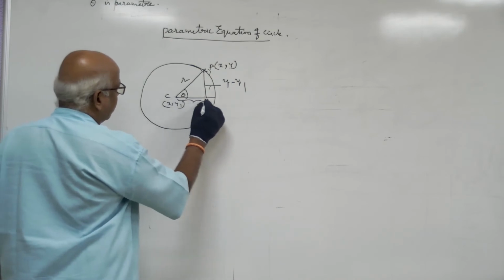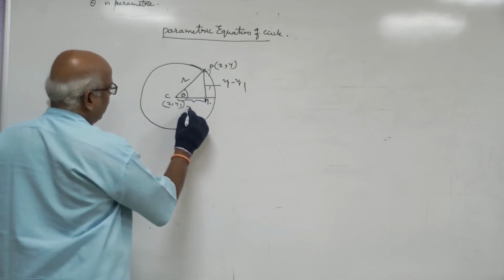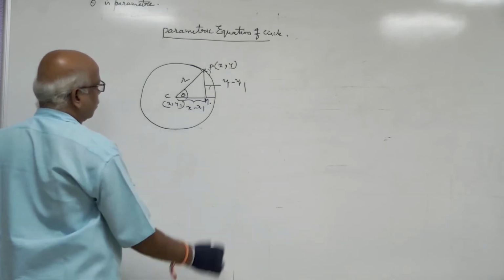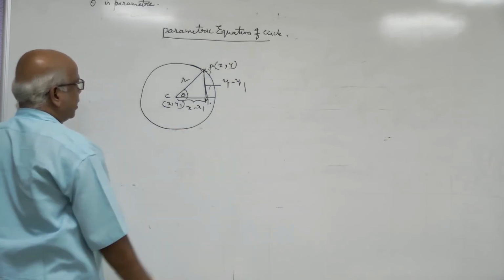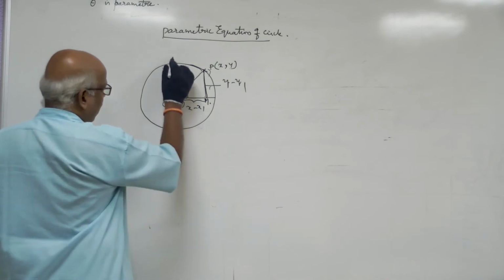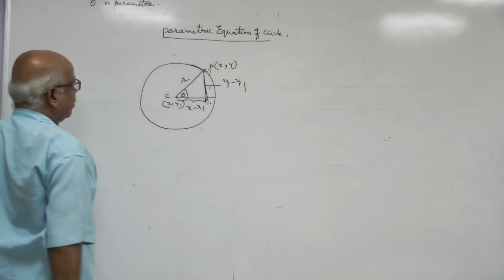And here, this CM distance is x minus x1. How? On this line anywhere the x coordinate is x. On this line anywhere the x coordinate is x1.